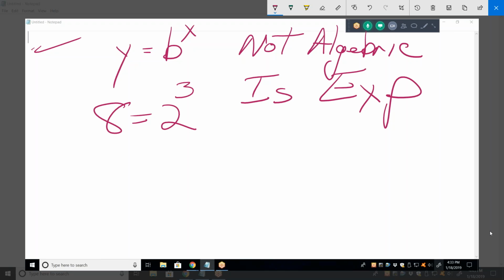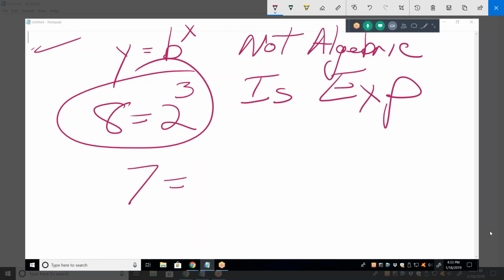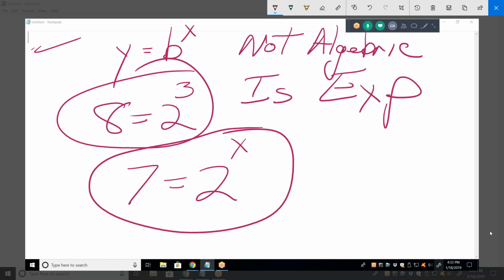That is true. But if I said to you 7 equals 2 to the x power, you would not be able to solve that algebraically because it's not an algebraic expression. We know the answer is somewhere between 2 and 3, right?